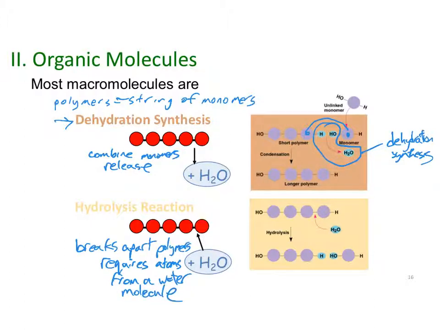So a way to think of this is dehydration synthesis is basically dehydrating the molecule, releasing water from it to synthesize it. Hydrolysis, so lysis is breaking something apart. You're breaking it apart with water, which is hydro. So hydrolysis is breaking apart of a molecule using water.